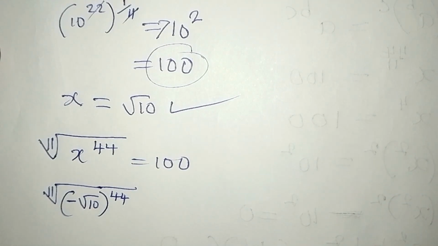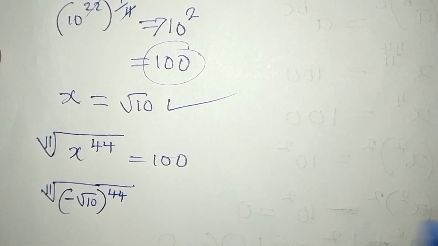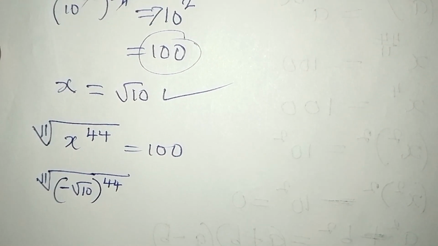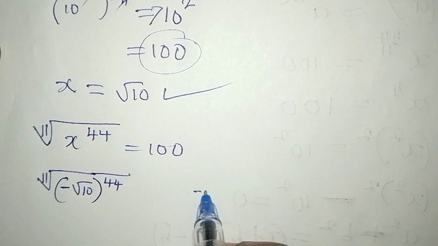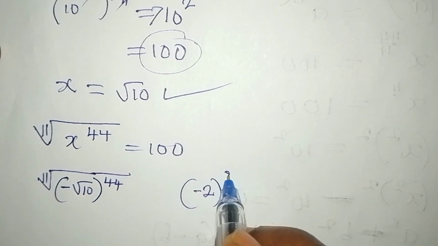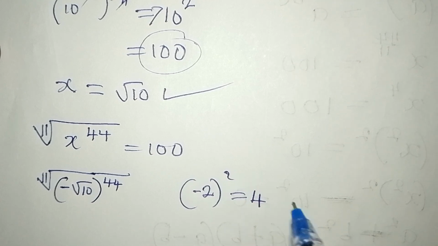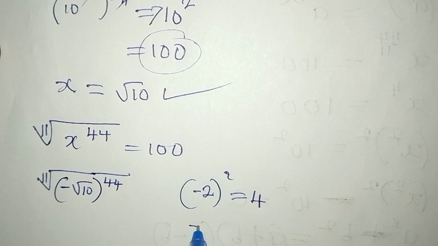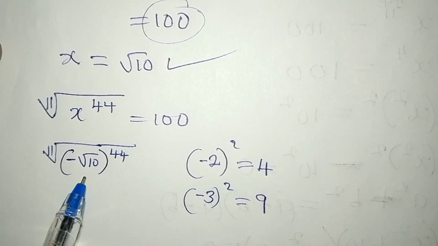Take note of something: if you have any number raised to the power of an even number, it should give you positive. For example, negative 2 to the power of 2 will definitely give you positive 4. If you have negative 3 to the power of 2, it should give you positive 9.